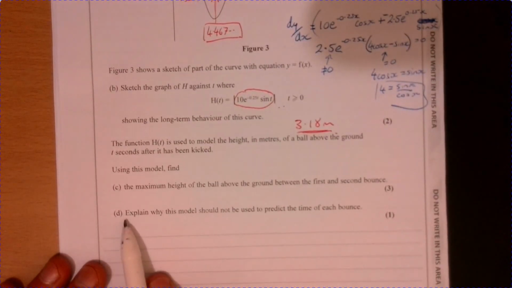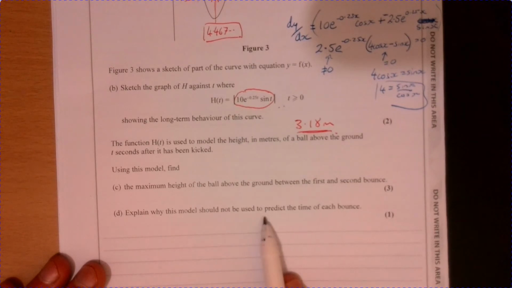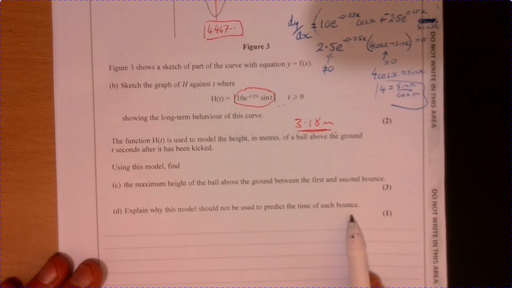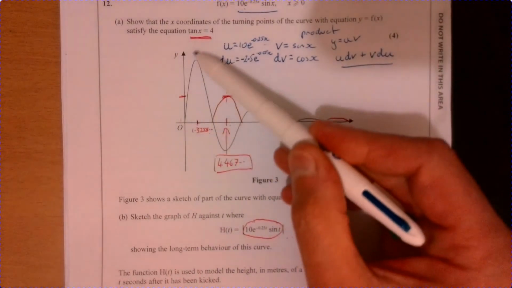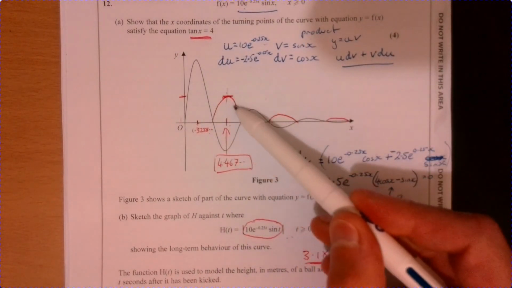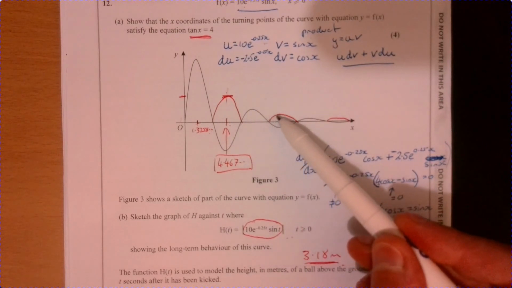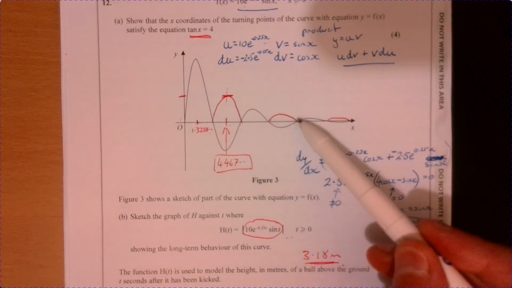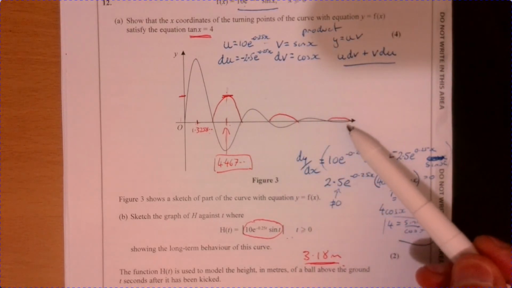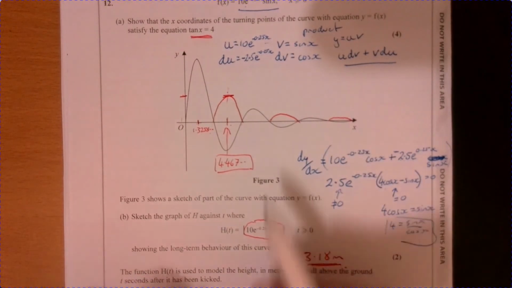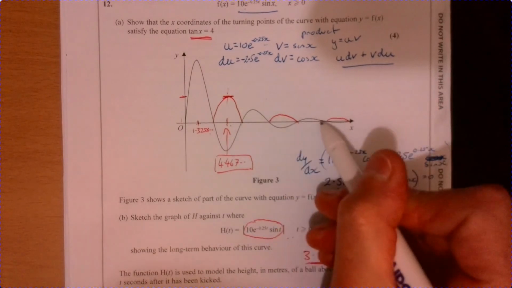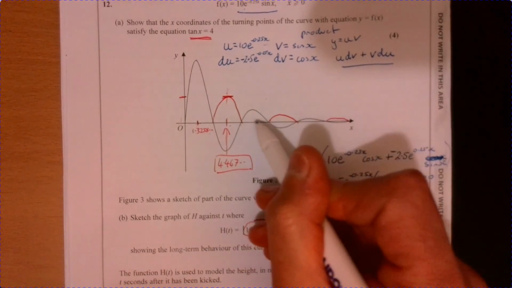Now part D. Explain why this model should not be used to predict the time of each bounce. Well, if you think about what's going to happen when a ball's bouncing, this model is suggesting that the time between the bounces is constant. In reality, the bounces are going to get closer together as the bounce gets less. You would imagine that the time is going to become less. So we need to be quite careful about that.